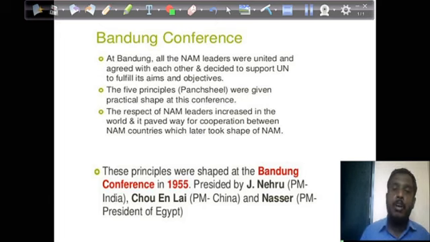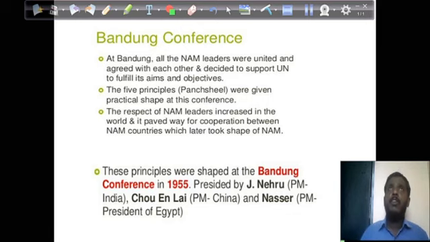At Bandung, all the NAM leaders were united and agreed with each other and decided to support the UN. And the five Panchsheel principles that India adopted with China were also accepted in this meeting. This meeting was presided over by Jawaharlal Nehru, Zhou Enlai, who was the Chinese premier, and Nasser, PM of Egypt.